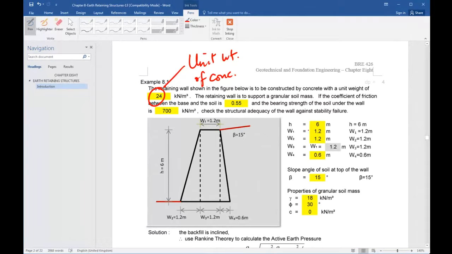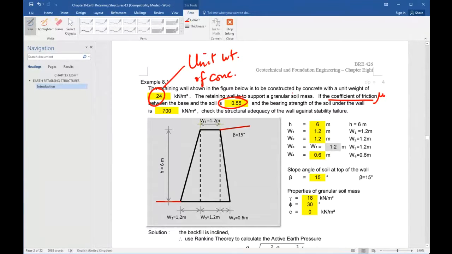And you can see here a little bit of difficulty because you've got a sloping angle. It's not horizontal. Beta is 15 degrees, right? And then you have mu, the coefficient of friction at the base, 0.55.